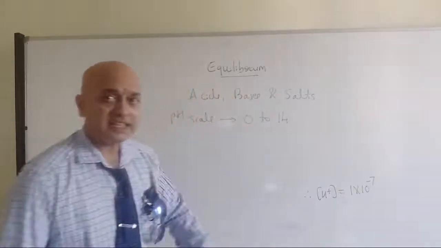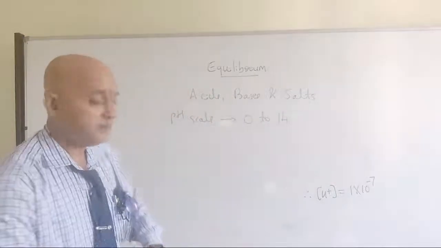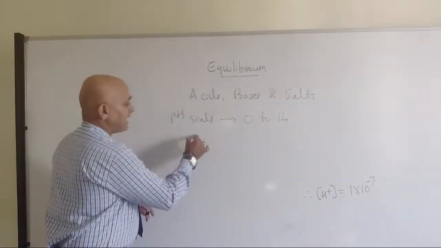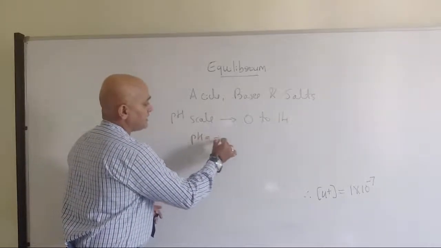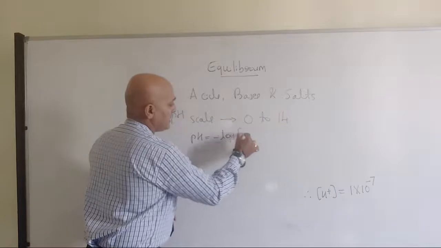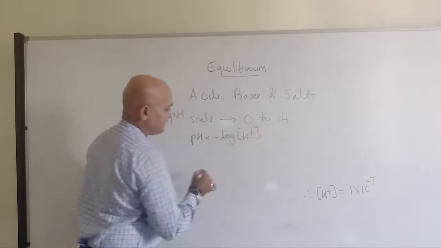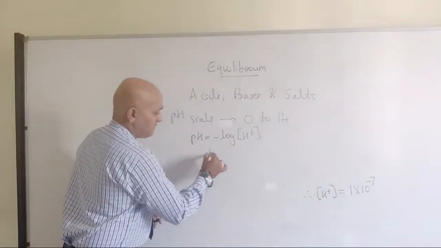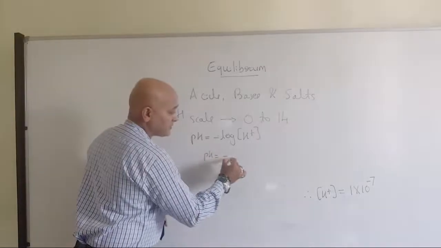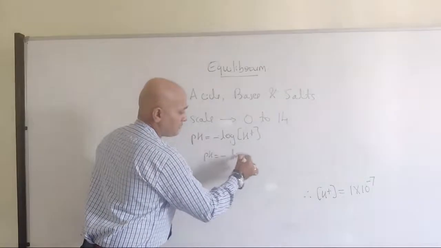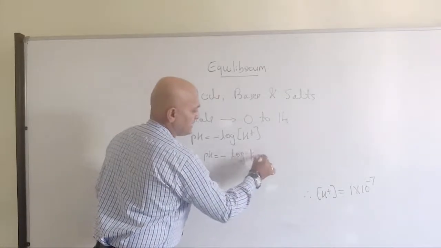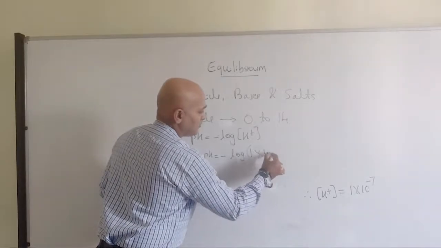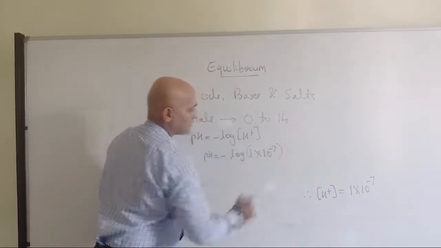See, for example, H plus concentration is given. Now we know that pH is equal to minus log of H plus concentration. So therefore pH is equal to minus log of 1 into 10 to the power of minus 7.